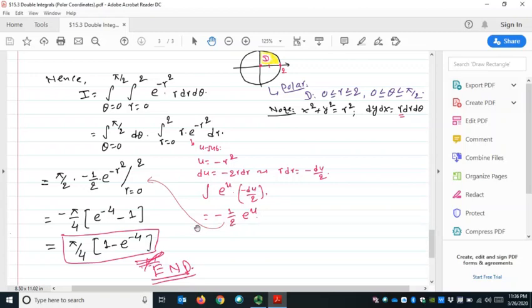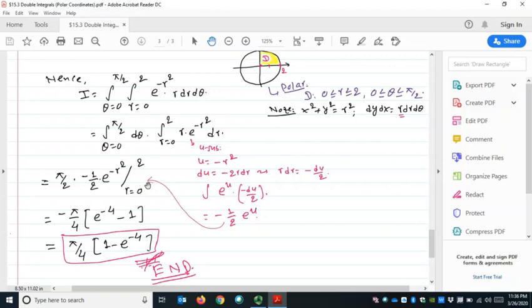Great. So now let's continue with the r integral. From the theta integral we have pi over 2, and from the r integral we converted this to the u integral and have the value minus 1/2, and we substitute u equals minus r square back, so e to the power minus r square, with r limits 0 to 2.